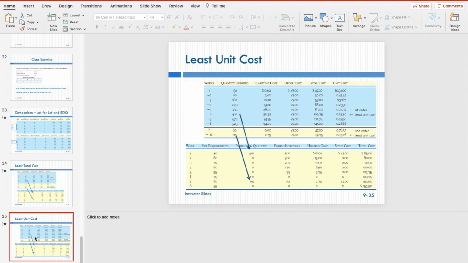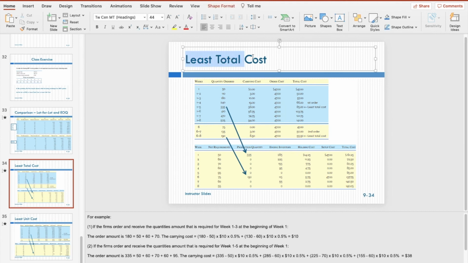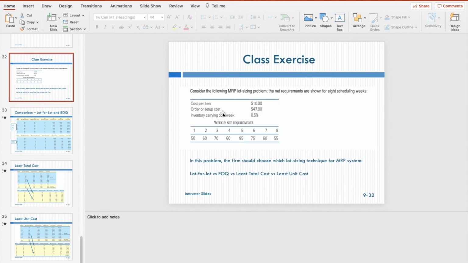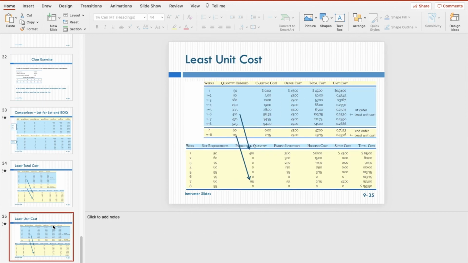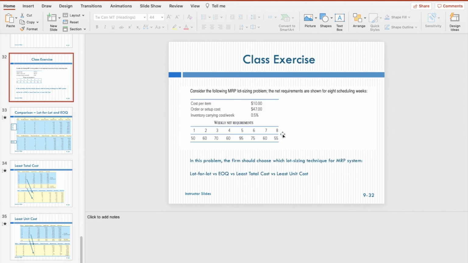So 4 different techniques actually give you 4 different results. In this specific context, we should pick the least total cost technique because the corresponding cost is lowest. But if I change to some other numbers, the best technique among all of the alternatives may be different. It always depends on the specific numbers shown within the specific question.